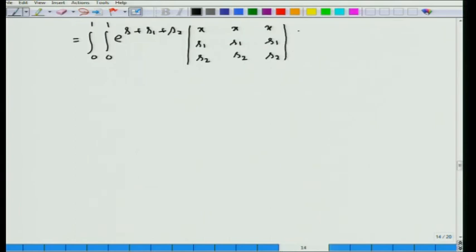All these rows are identical. So, determinant is exactly equal to 0, and therefore, B2 x comma s is also equal to 0.